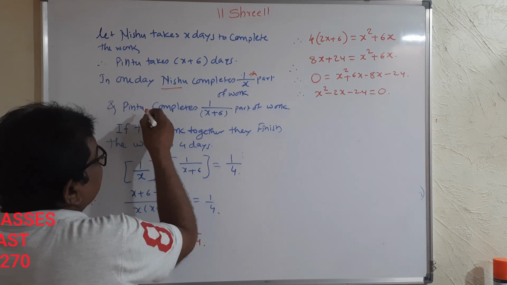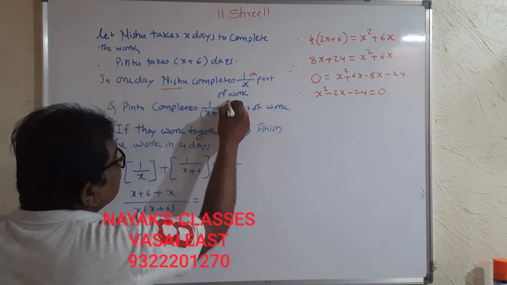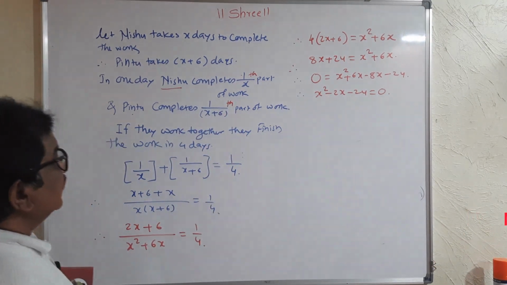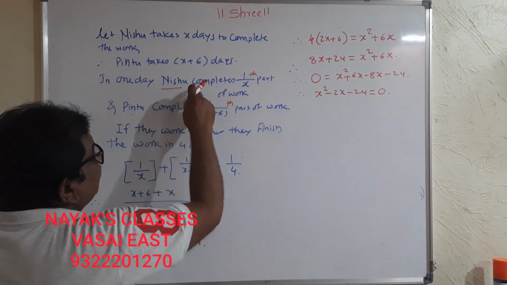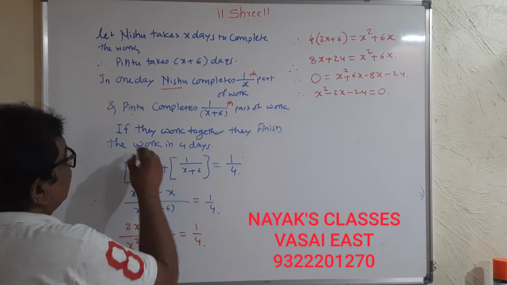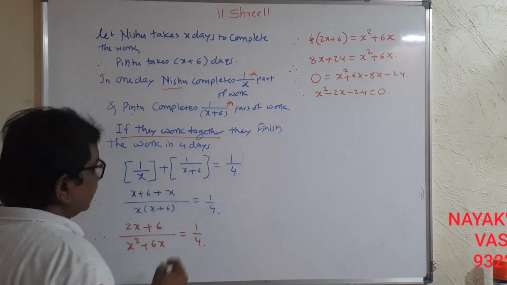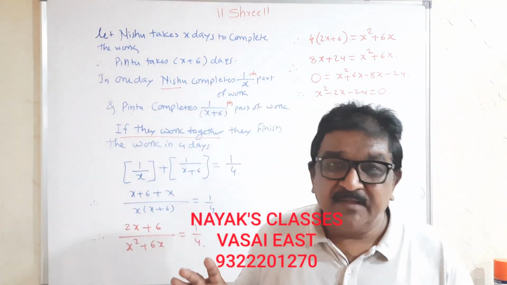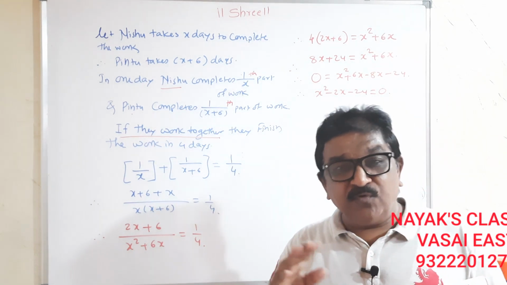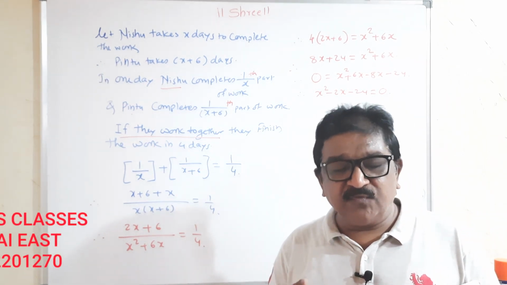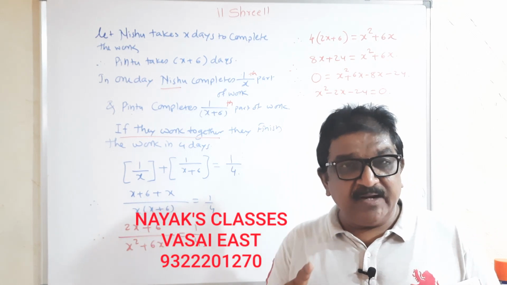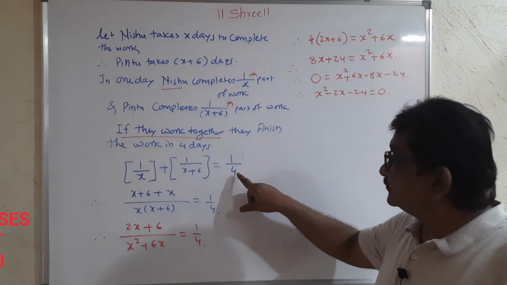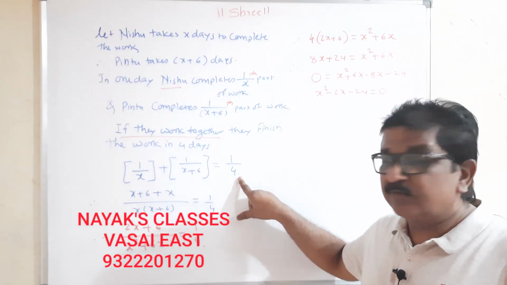Pintu will finish 1 upon x plus 6th part of the work. This is the work done by them in one day. But if they work together, they will finish in 4 days. So in 4 days full work is completed. In one day they will do 1 upon 4th part of the work.